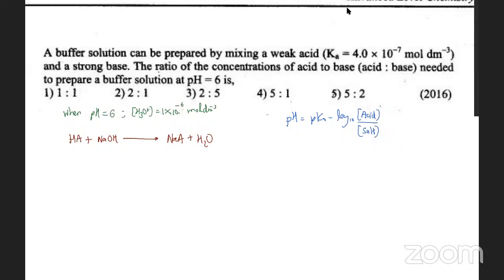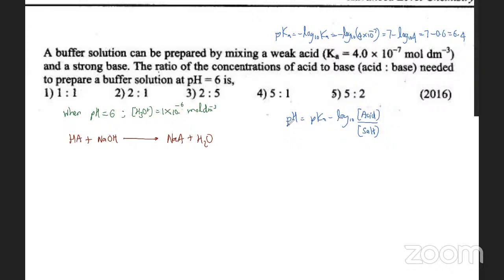Now if Ka is 4 into 10 to the power minus 7, we can find out pKa. pKa is equal to minus log 10 Ka, so that is minus log 10 of 4 into 10 to the power minus 7, equal to 7 minus log 10 of 4. Log of 4 is roughly 0.602, so it is 7 minus 0.6, that is roughly 6.4.